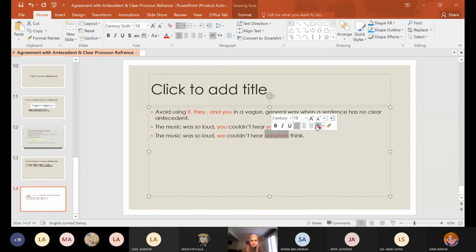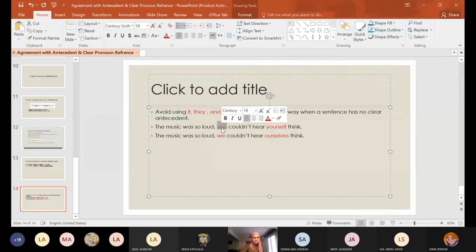What is the difference, girls? Here "we" is for the one who talks, right? So here: the music was so loud we couldn't hear ourselves think. Because it's for the one who talks, but here "you" refers to whom? "Yourself" refers to whom?